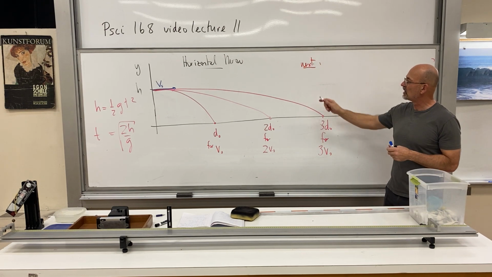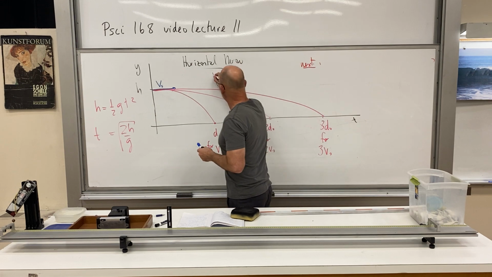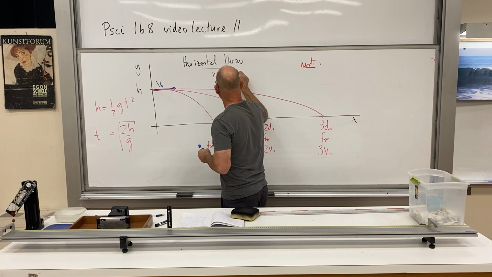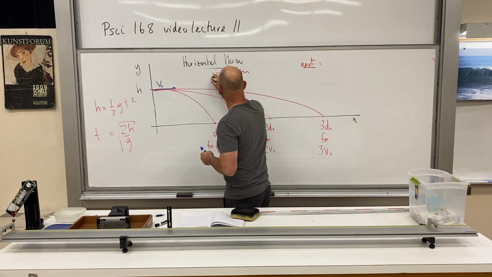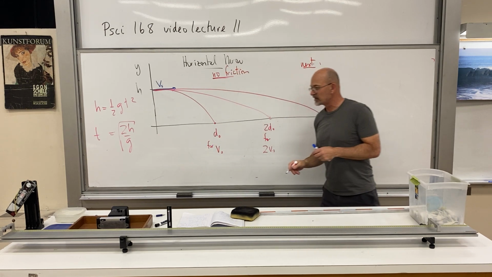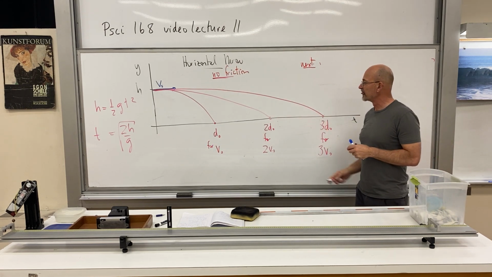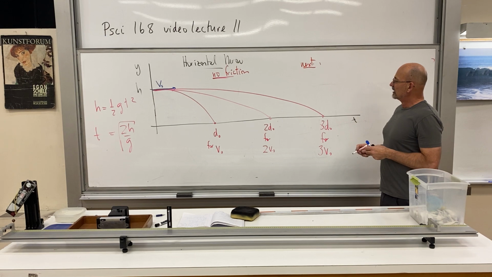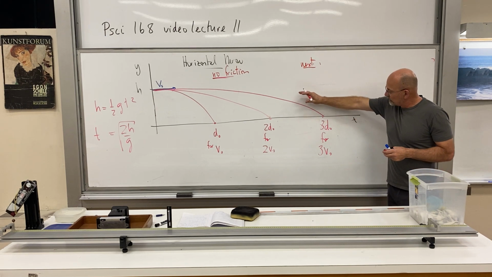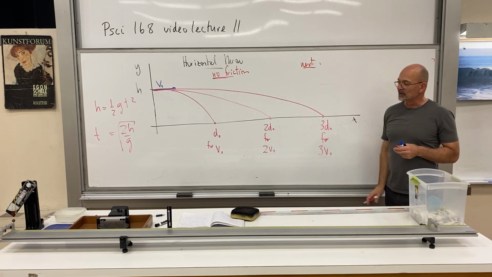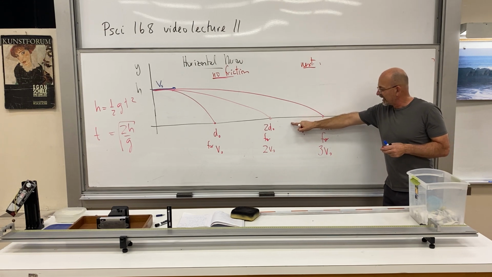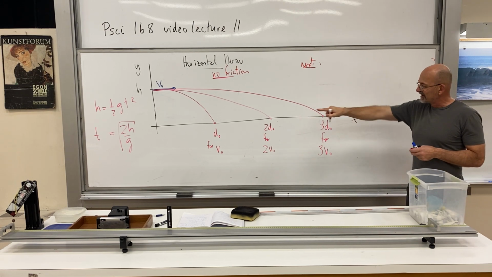Okay. This is all horizontal throw, no friction. Friction would ruin this, okay? No friction, so maybe there's no atmosphere when we're doing this. So next is, what if I do this with 10 times, 100 times the initial speed? Yes, 10 times, 100 times that initial distance.